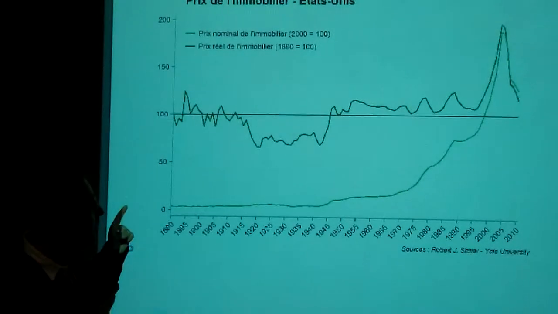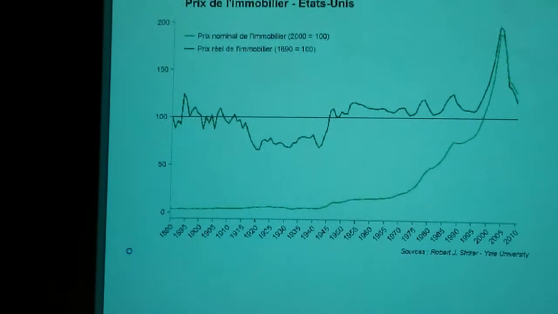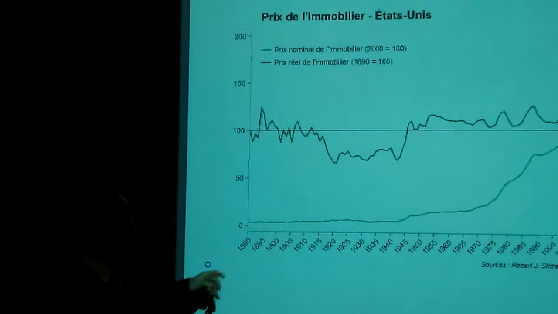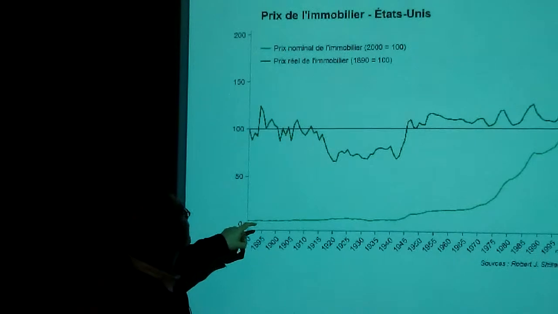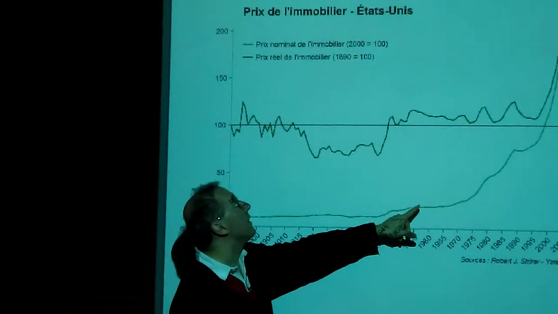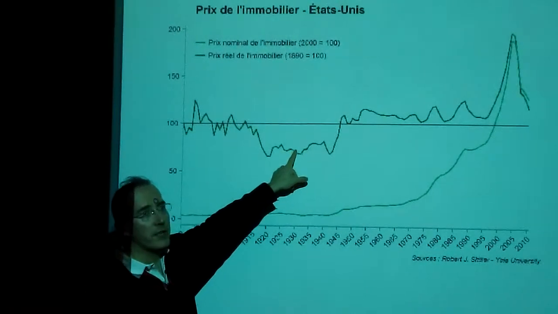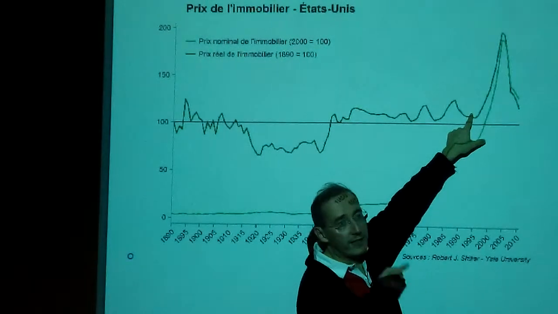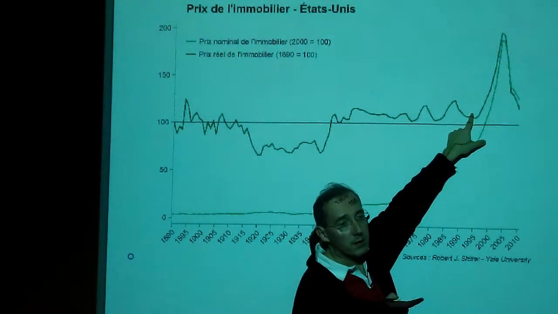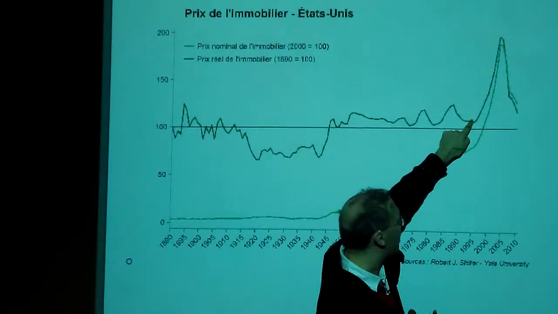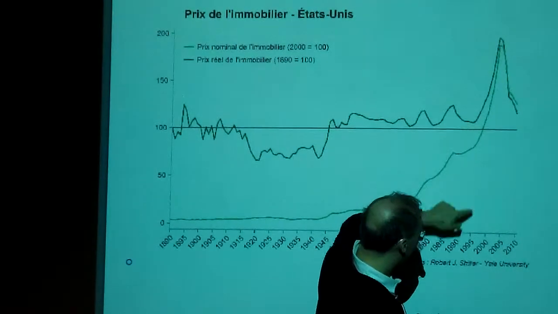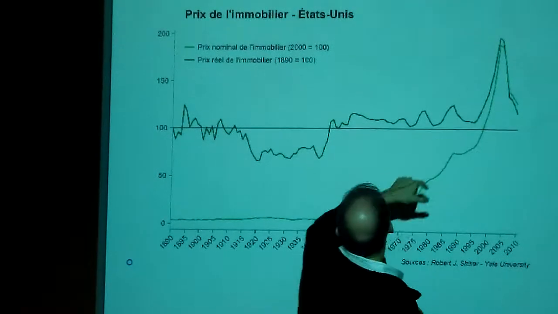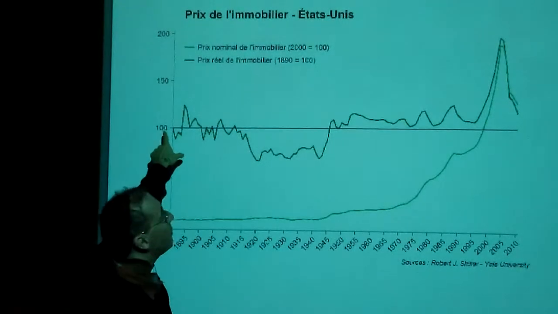Okay? Bubbles. This is for the housing market because we talked about it yesterday. So this is the nominal price of housing in the US, the real price of housing in the US. So you see, let's consider just the real price, that is divided by the inflation, corrected by inflation. The real price of housing from 1995 until 2005 was multiplied by 2.